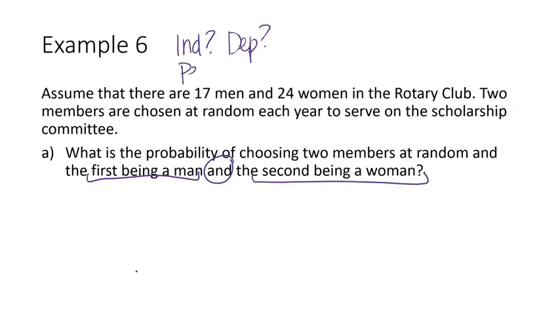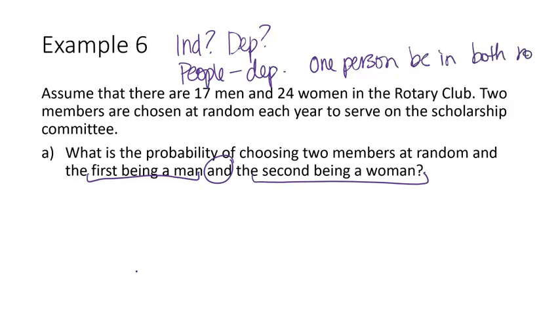Y'all, people are pretty much always dependent. Because what happens is I can't have one person be in both roles. People don't get replaced like a card in the deck. So these are dependent still.